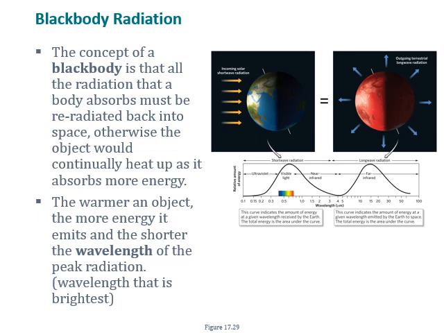The warmer an object is, the more energy it emits, and the shorter the wavelength of the peak radiation. So here we have a picture of Earth's incoming solar radiation and then Earth's outgoing terrestrial long-wave radiation. We understand that there's outgoing radiation because Earth cannot continually absorb heat or radiation without emitting it as well.